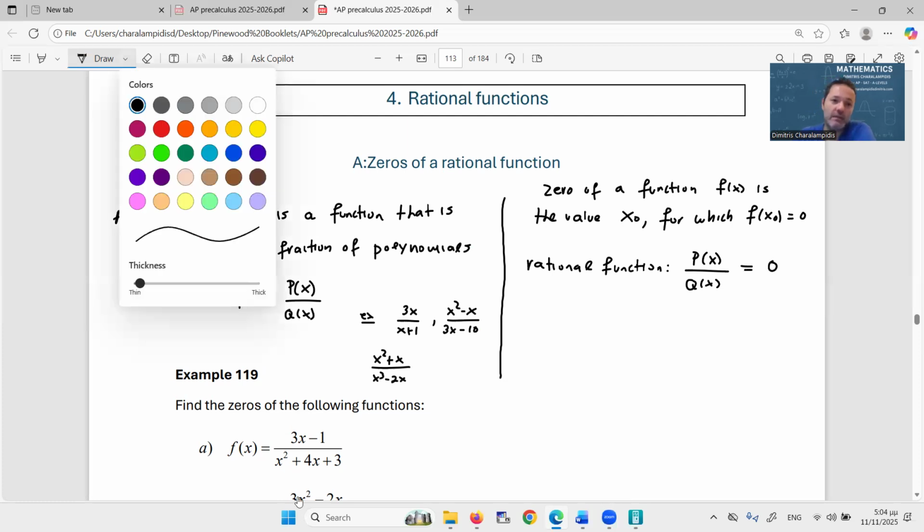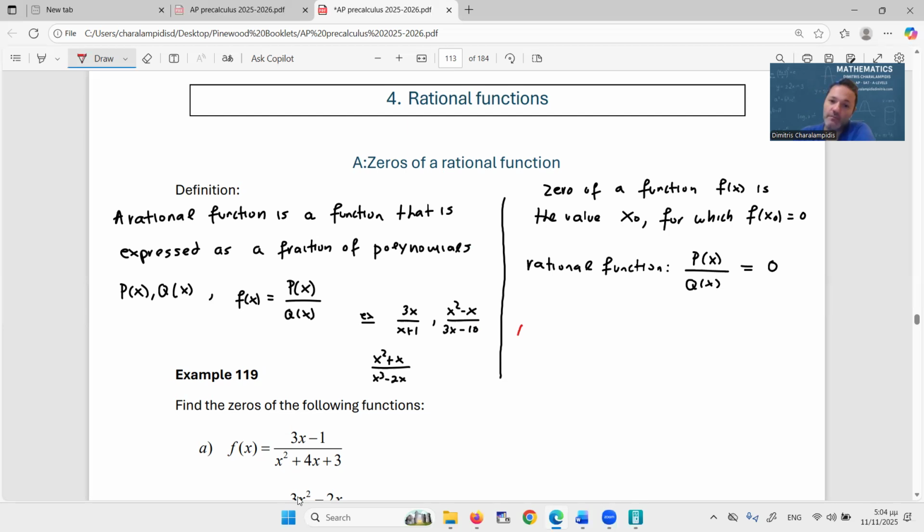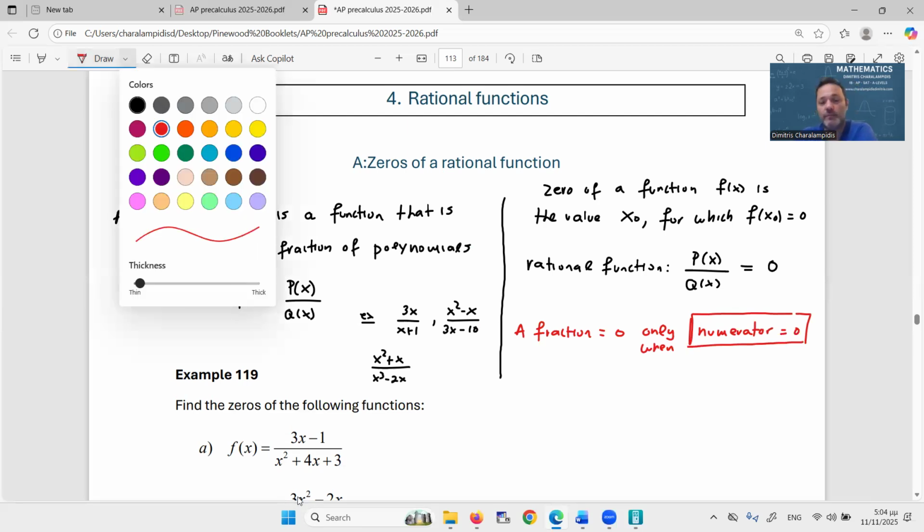But remember that a fraction is equal to 0 only when its numerator itself is 0. So, what could we conclude from here?